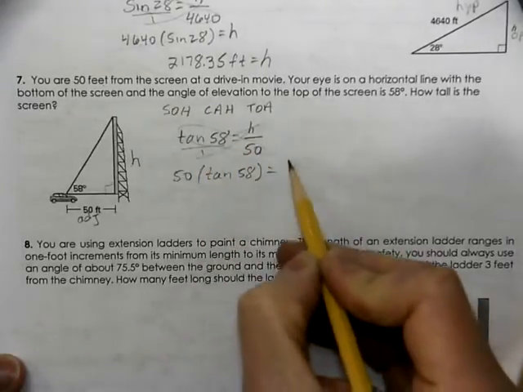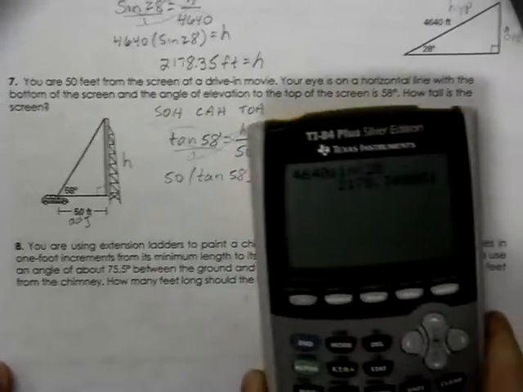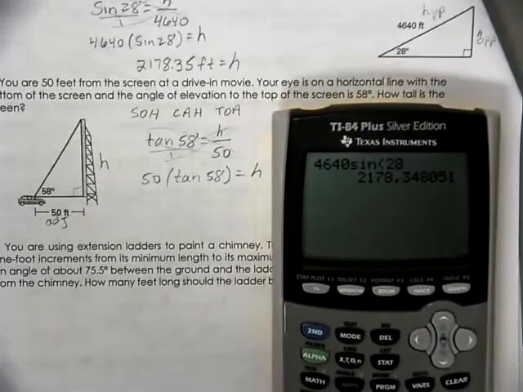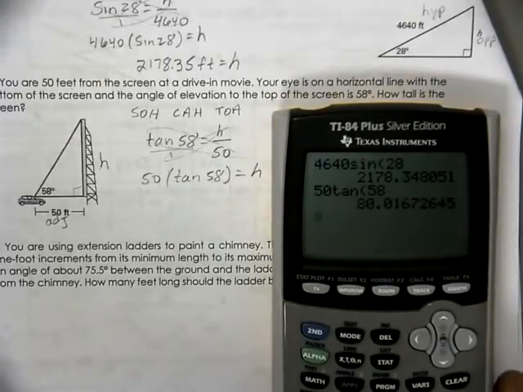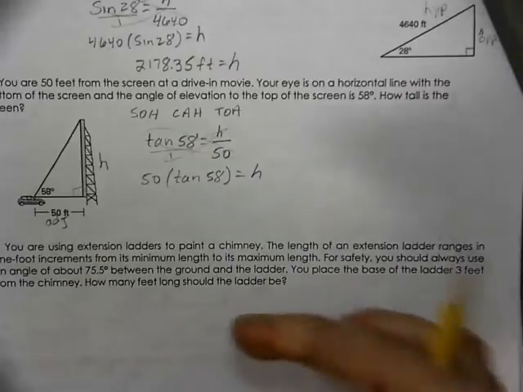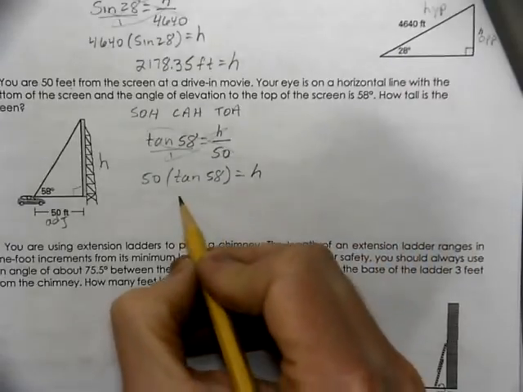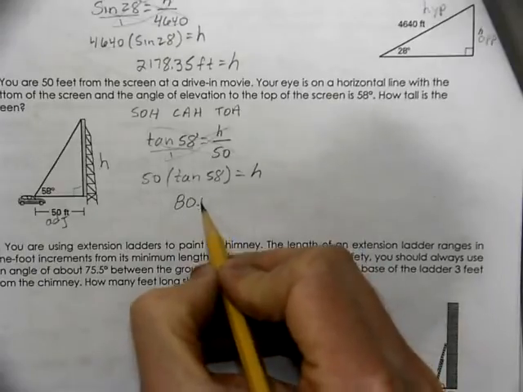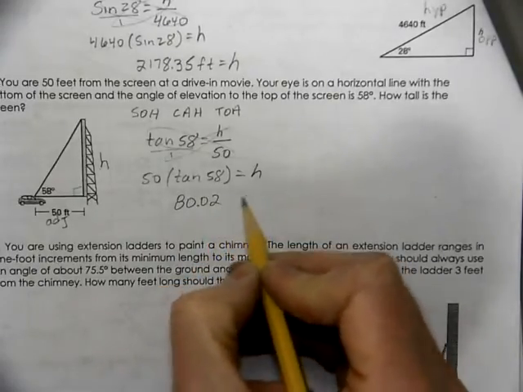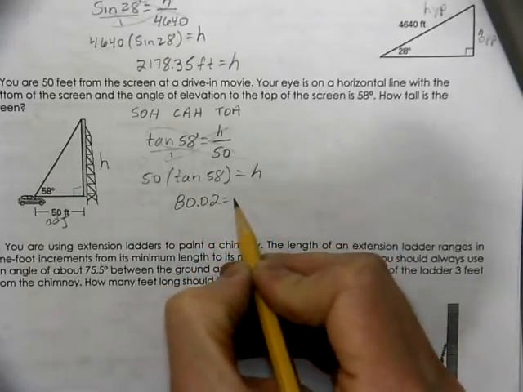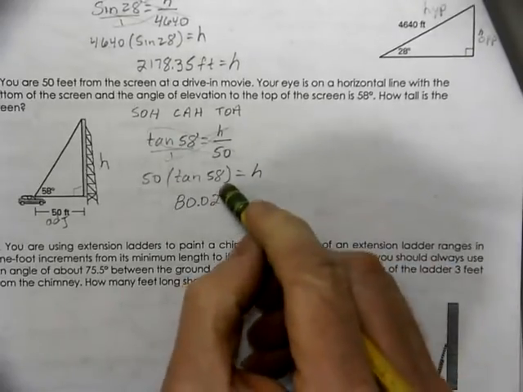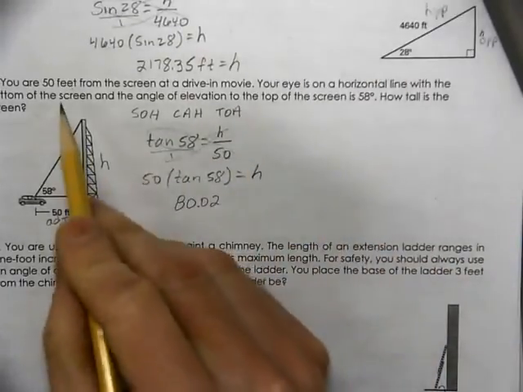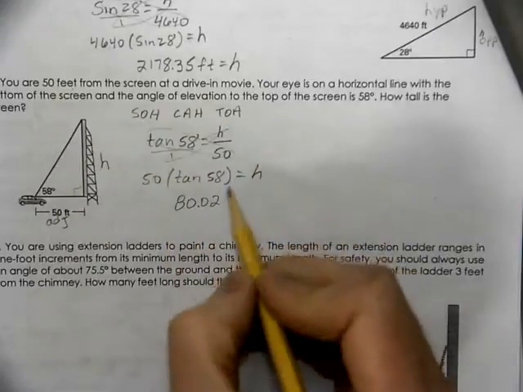H times 1 is just h. Use our calculator. 50 times the tangent of 58. We get 80.02. And that is, if we have our units, that's in feet.